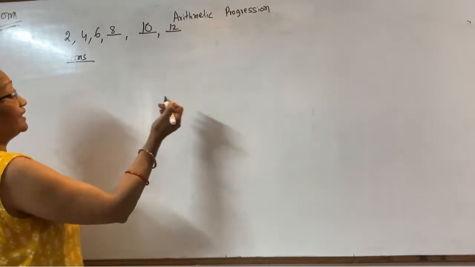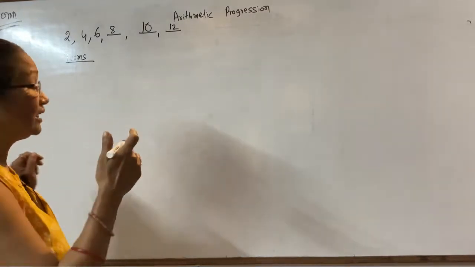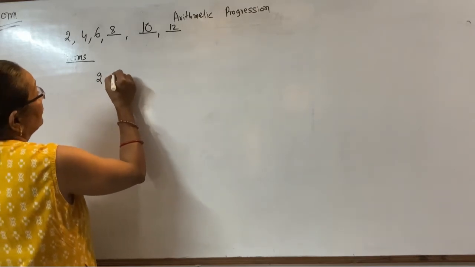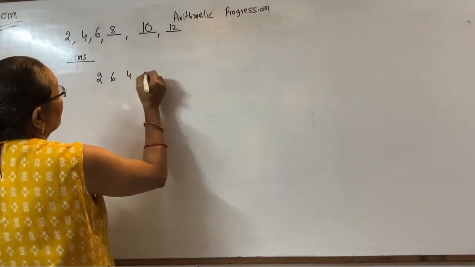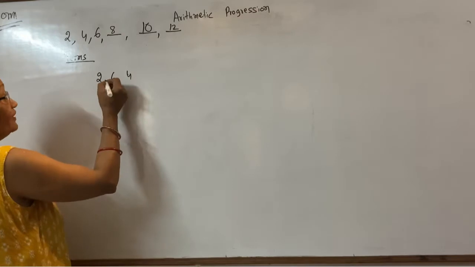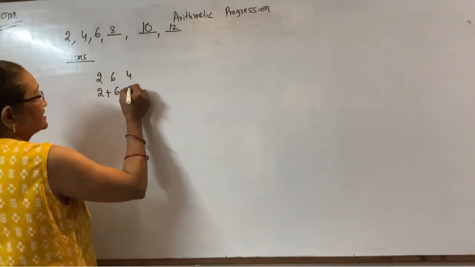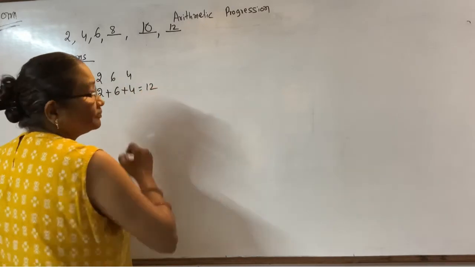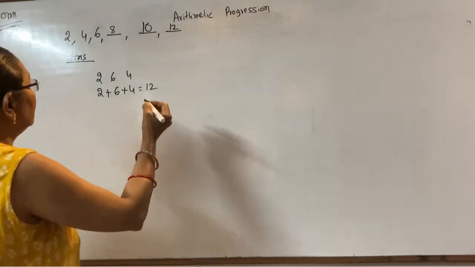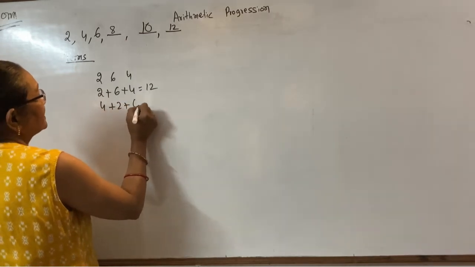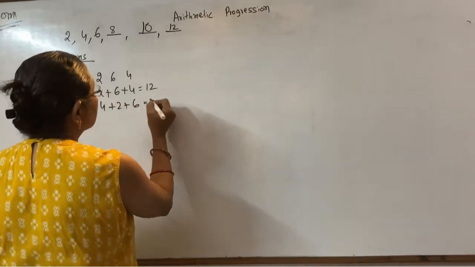You can write the numbers, whatever may be the order, you can write the numbers 2, 6, 4, like that. So if addition of the series, what? 2 plus 6 plus 4, that is 12, isn't it? You can arrange 4 plus 2 plus 6, this is 4 and 2, 6, 6 and 6, 12.